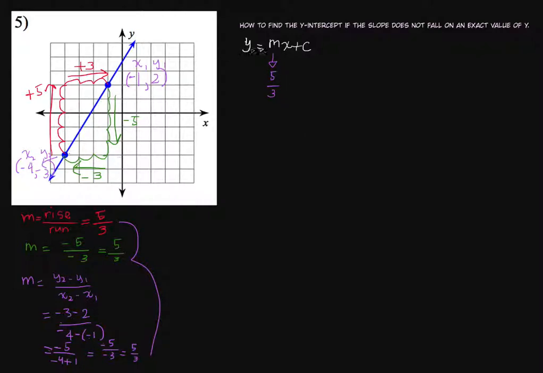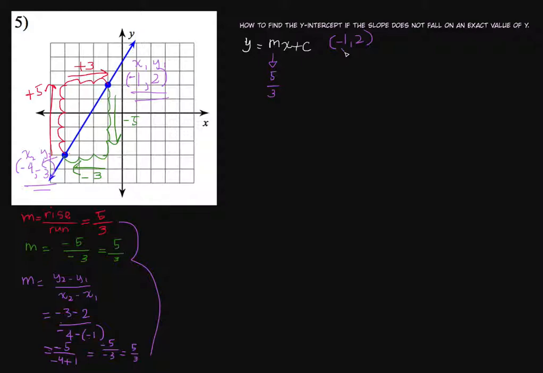But miss, there are still 3 variables. How are we going to solve it? Easy. Can you figure out what x and y are? Of course, you have the coordinate points. These are your x and y, so just choose which one you want to use. Let's say I want to use this set, -1 and 2.